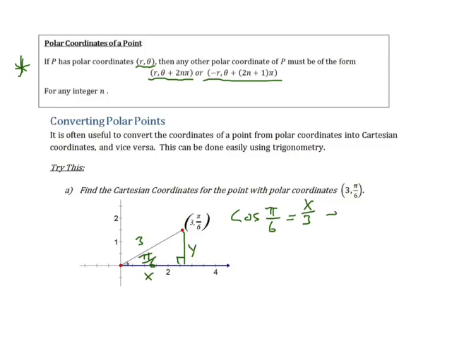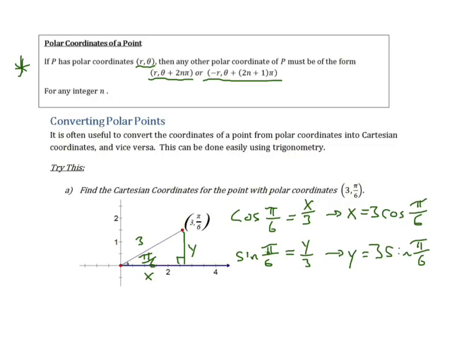So that gives us x is 3 times the cosine of pi over 6. We know that the sine of pi over 6 is y over 3, and so that gives us y is equal to 3 sine pi over 6.